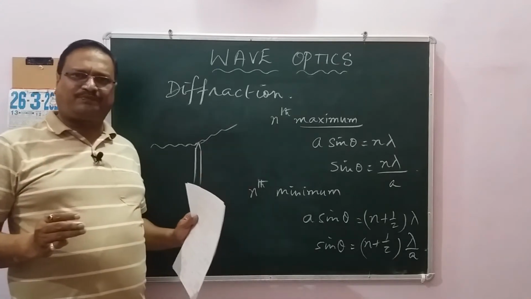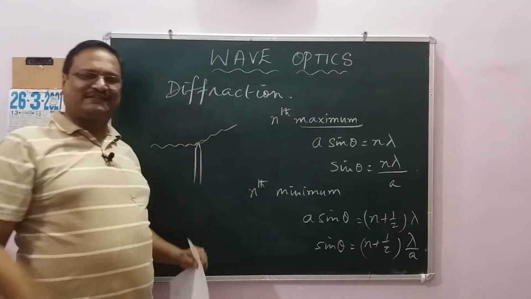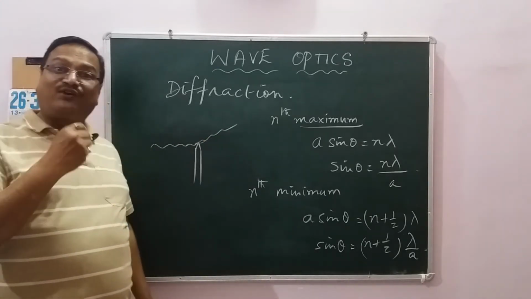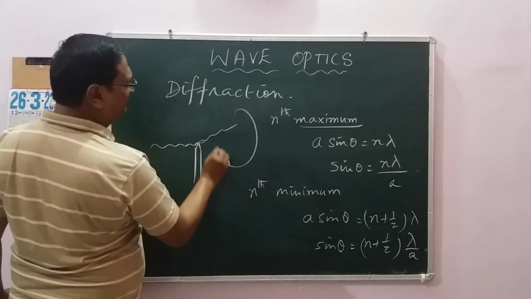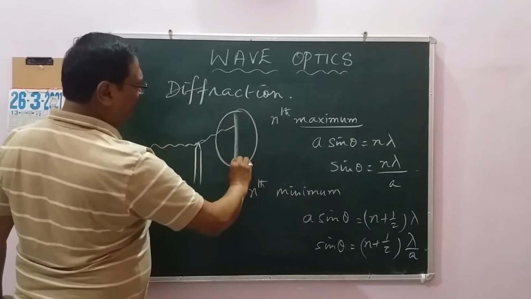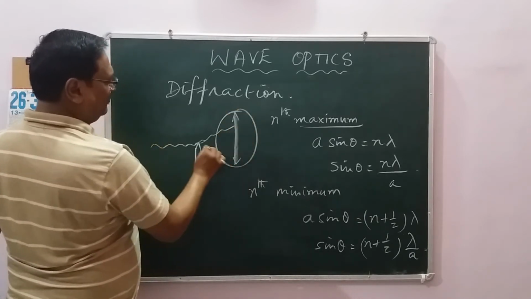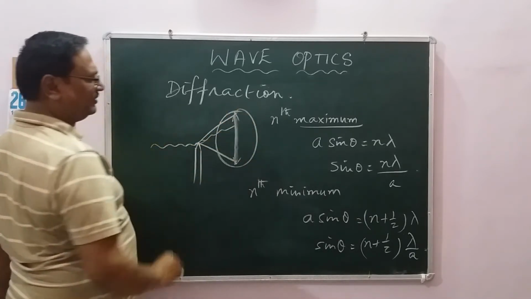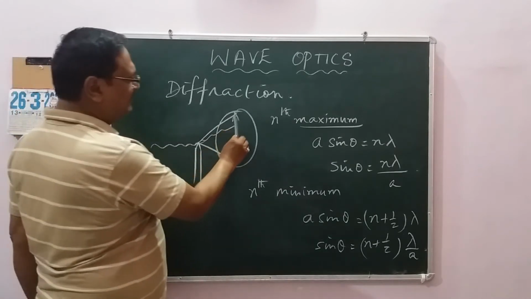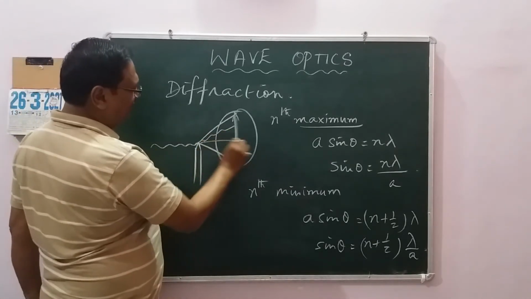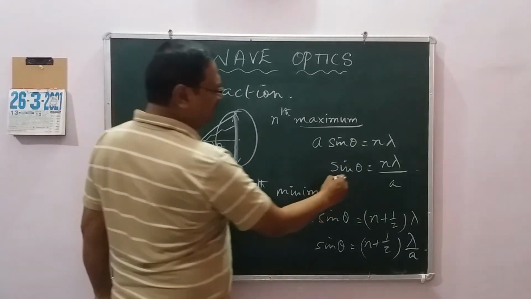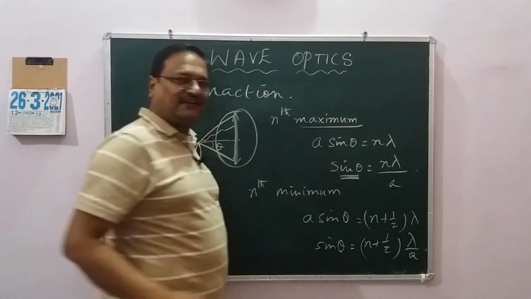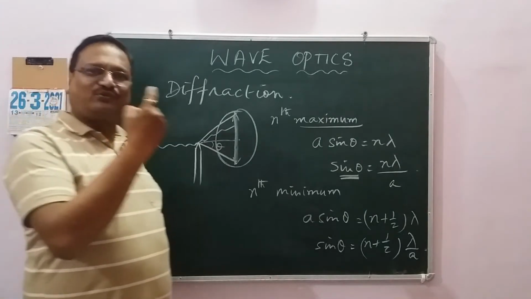In diffraction, more than the distance, we talk about the angular width. For example, the central maximum, what is the angular width of this central maximum? From the slit it is coming, right? And that is given by the angle theta. So for small angles, sin theta is equal to theta.